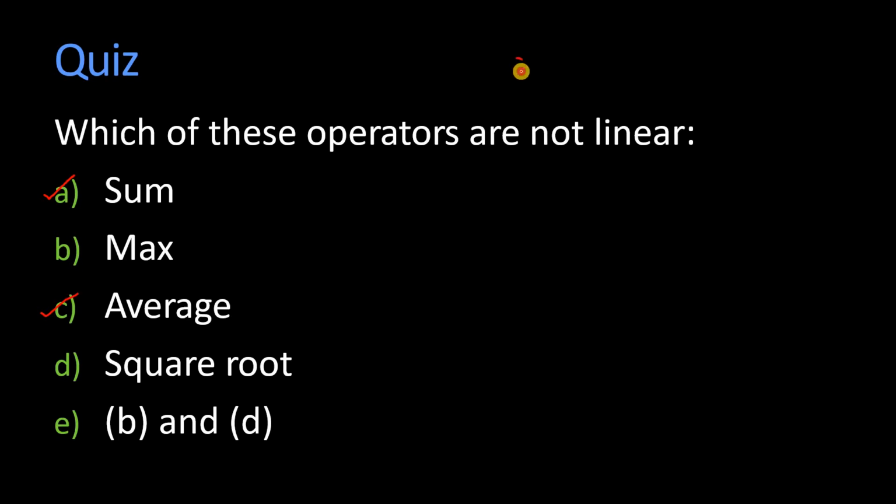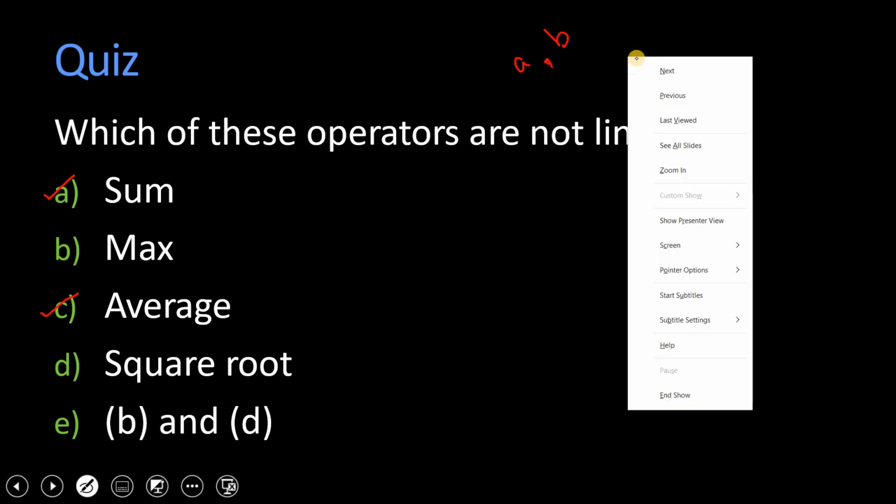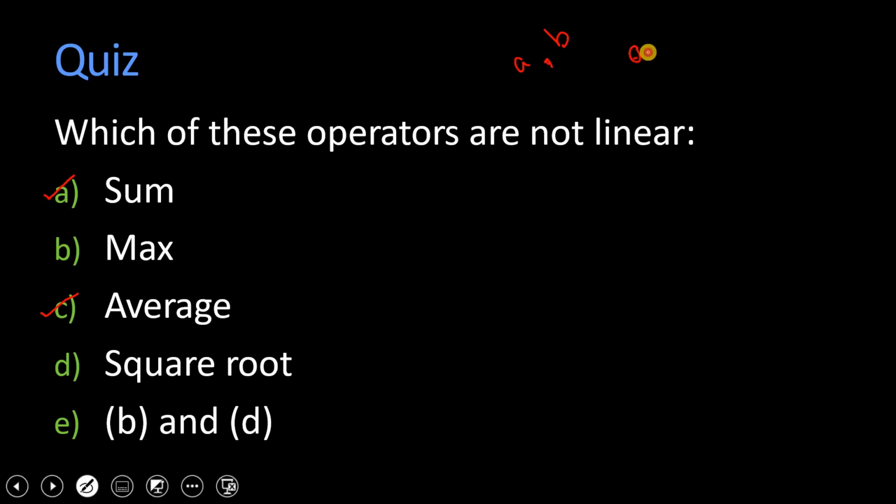Let's say you have two inputs A and B. Averaging means you take the sum and then multiply it with 1 by 2, where you have only two inputs. So basically averaging is made up of two operations, multiply and add. That's why it is also linear.